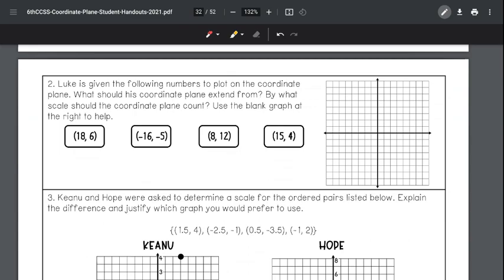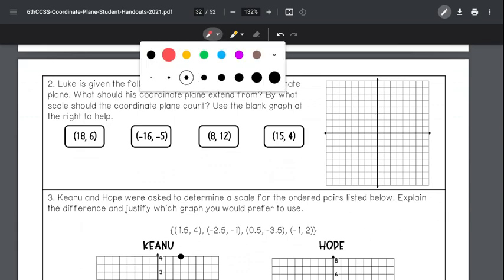Number 2. Luke is given the following numbers to plot on the coordinate plane. What should his coordinate plane extend from? By what scale should the coordinate plane count? Use the blank graph at the right to help.